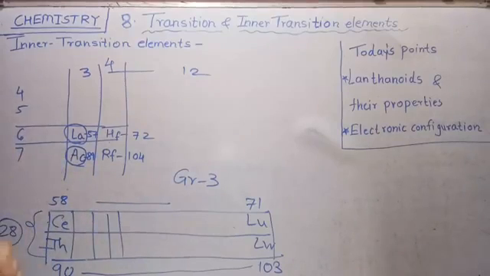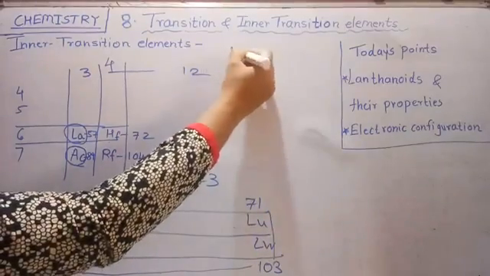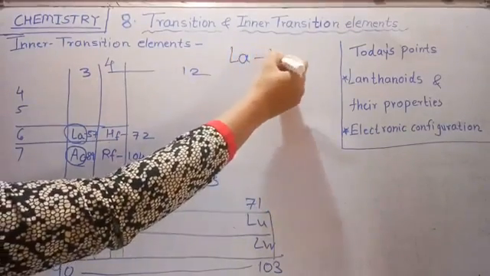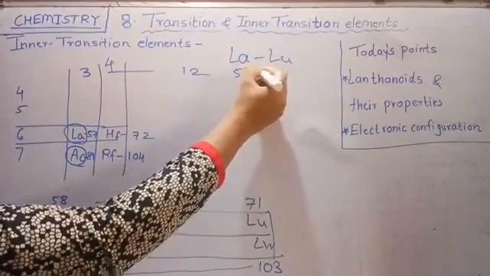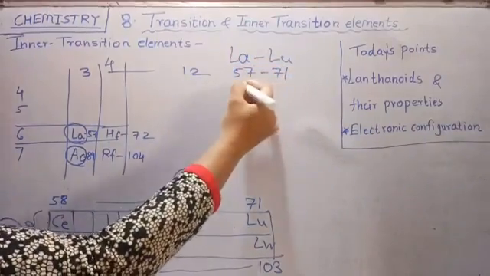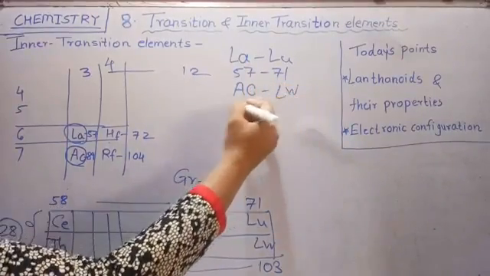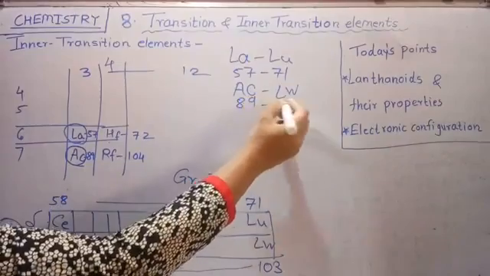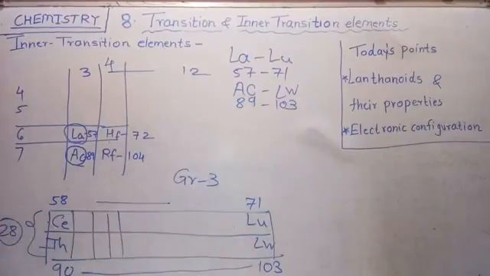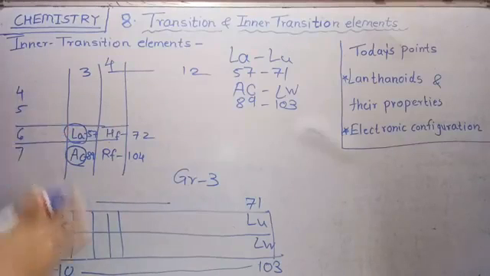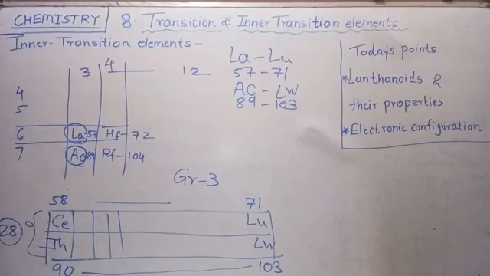When you write the first series of inner transition elements, it is from lanthanum to lutetium, 57 to 71, and the second series is actinium to lawrencium, that is 89 to 103. These are the two series of inner transition elements.